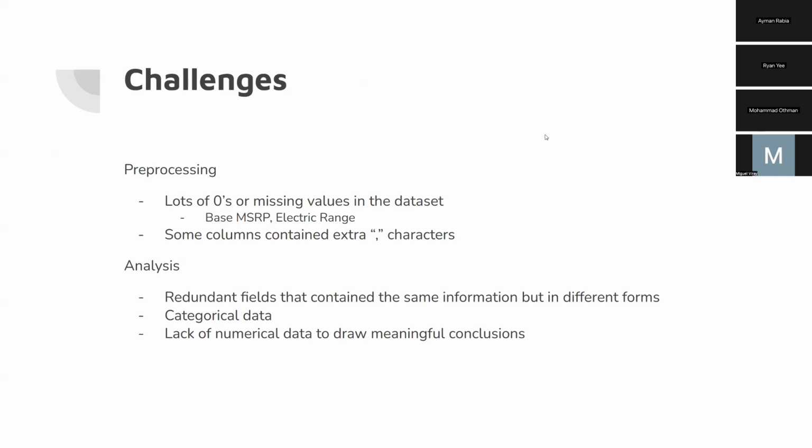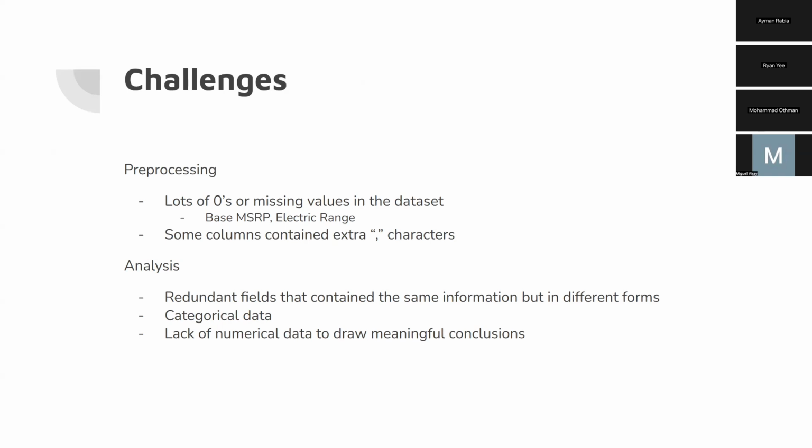Another thing that I mentioned earlier was that some columns contained extra commas, which made it hard to work with our data set because we use the comma as our delimiter to split up columns. So we had to go through each column and look through where to remove these commas in order to get it down to the 17 columns that we need. And for analysis, one of the hardest parts was that a lot of our data was categorical.